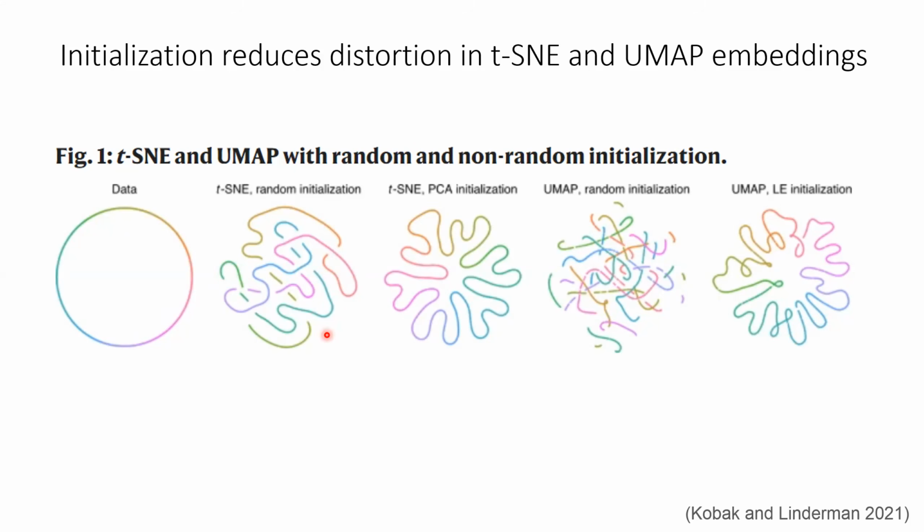Points are projected randomly onto the space, and neither t-SNE nor UMAP can recover the manifold of the circle. t-SNE produces a knot, while UMAP produces this tangled web with many, many tears. In contrast, with informed initialization, both t-SNE and UMAP can recover this manifold that resembles a circle. Though as you can see in this simple case, neither very accurately preserves the topology of the circle in the embedding.